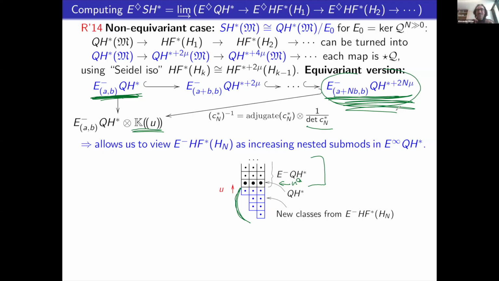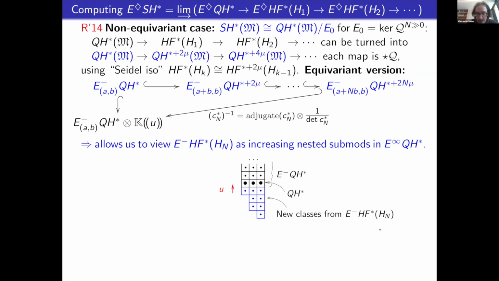Sorry about the analogy with viruses after the COVID period, but because all the maps are injective, this just keeps growing and growing. And so now we're interested in invariants associated to these setups, to these KU modules that keep growing in this way.